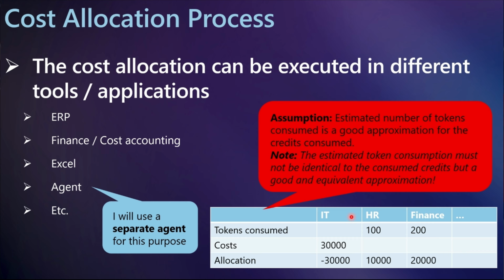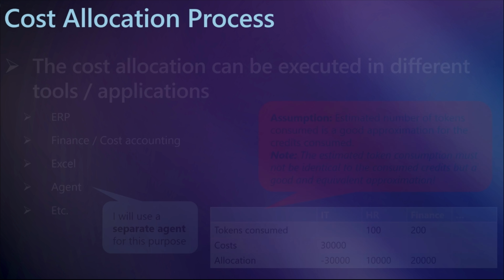Well, it might not be perfect, but it's a good approximation. And here I'm using the same principle. And actually, the number of credits consumed must not be identical to this number, but they must be equivalent, so that we have a good approximation to do the cost allocation. So keep that in mind in the following.